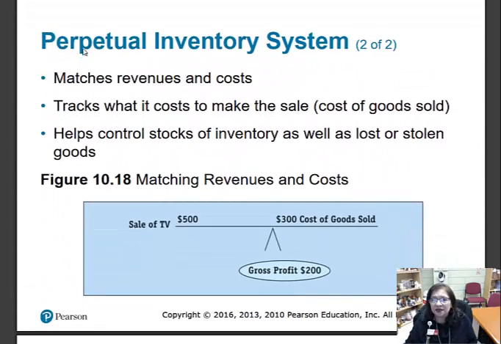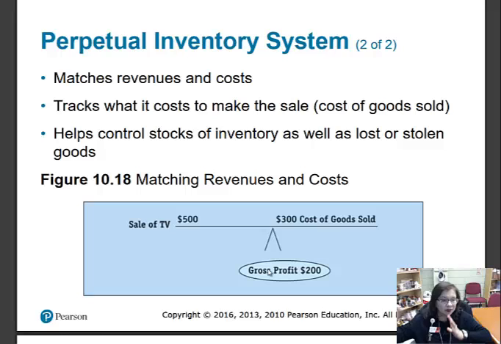So when we're looking at this, what we're doing is we're matching the revenues and the costs. So if we sold something, the sale of the TV was $500, then how much did it cost us? It cost us $300. We sold it for $500, so the profit was $200. Okay. Now remember what I told you guys before. Anything that we're selling above cost is a profit.